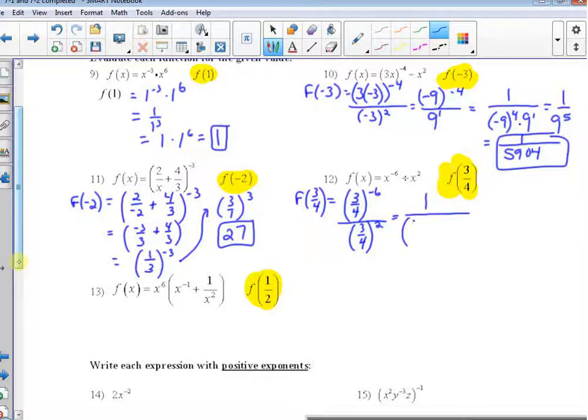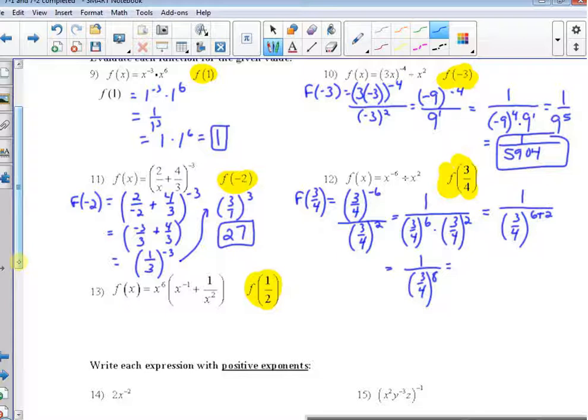So I made it 3/4 to the positive 6 times 3/4 to the 2nd. Which, if we use the rules from the previous page, if they have the same base, you can add the exponents. So that's really the same as 1 over 3/4 to the 6 plus 2, or 1 over 3/4 to the 8.